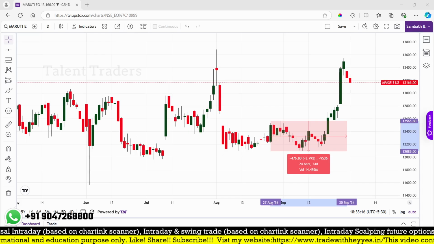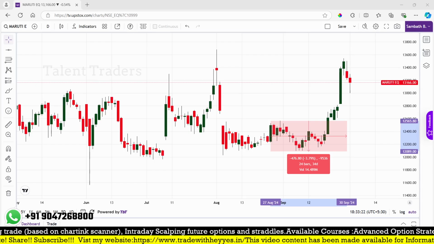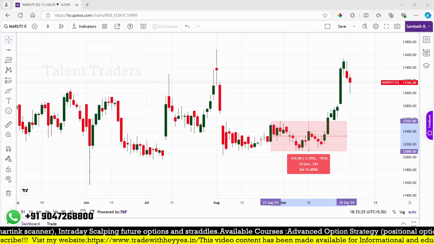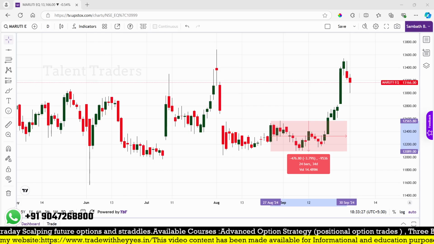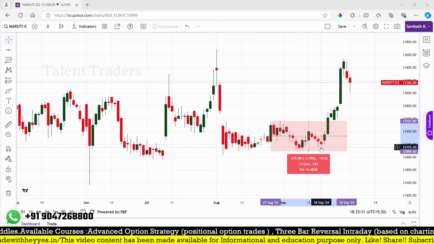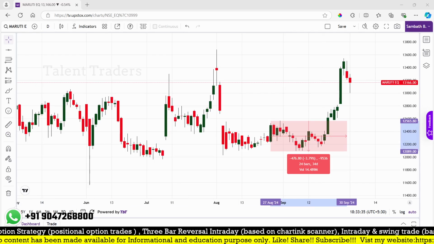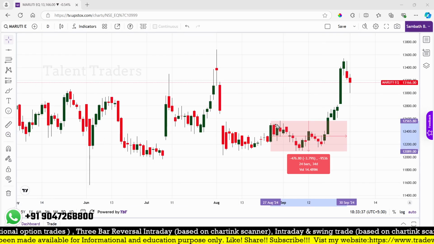Here, the price of Maruti was trading within less than 4% for almost the last 24 days, or we can fix however many days we want. Then we look for a breakout.